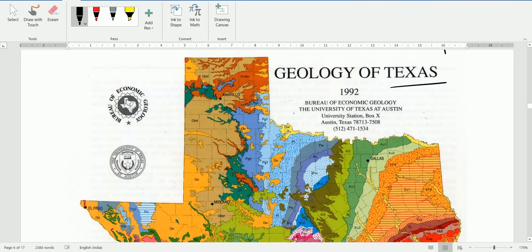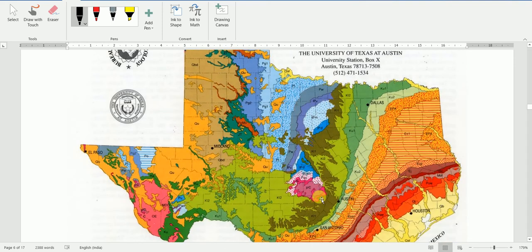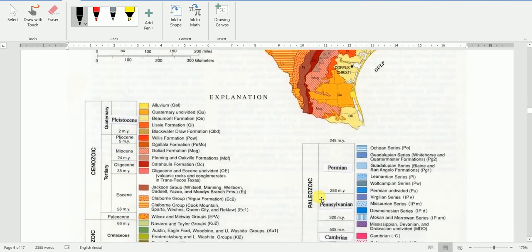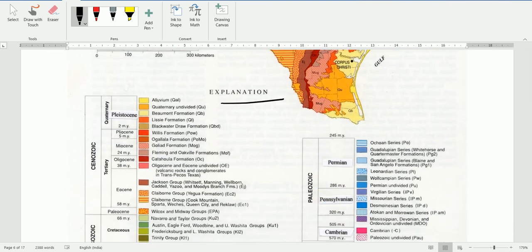See, this is an example: geological map of Texas. And see here, we have the explanation. Yellow color represents alluvium, and orange color quaternary, like that. So these are the different geologic ages.